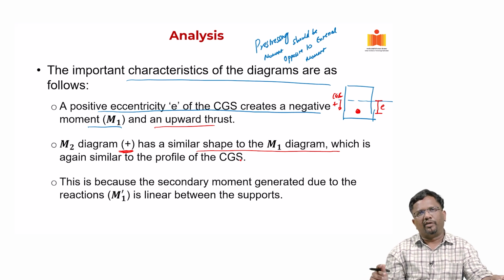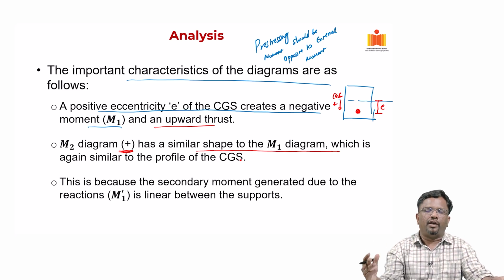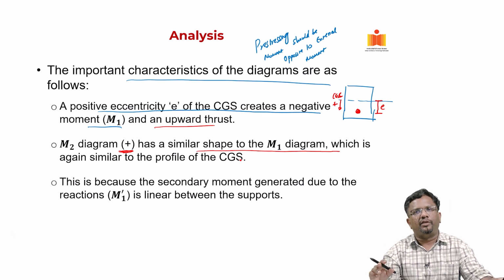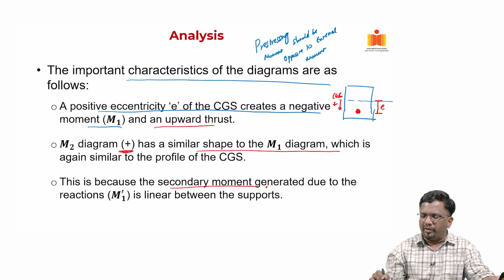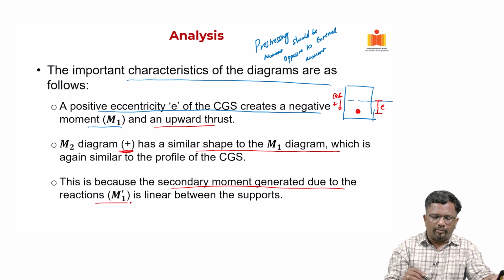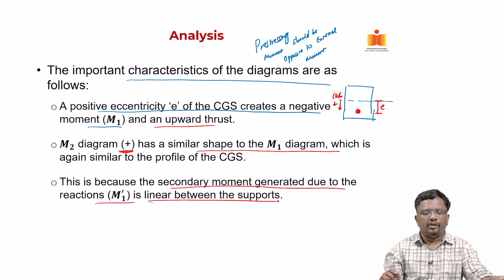The M2 diagram will have the same profile as that of M1, because M1 prime is always linear. So when you have a parabolic moment profile and you add a linear profile, you will finally end up with a parabolic profile. The secondary moment diagram will always be linear between the supports. So when you add that, M2 is going to follow the profile of the M1 diagram, right.